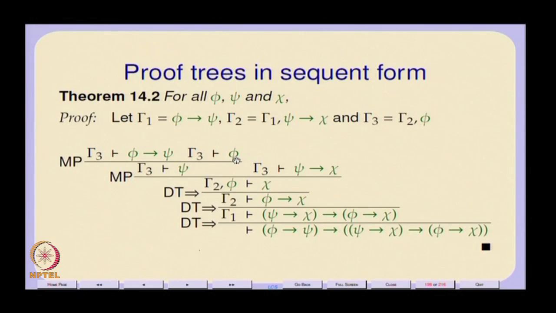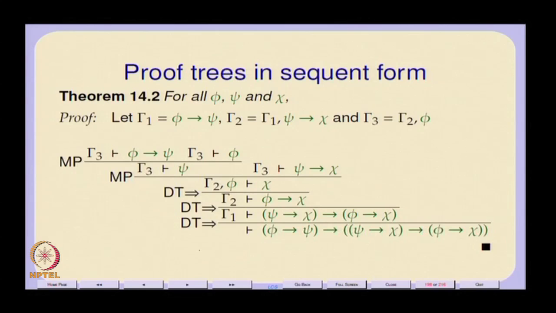The other thing of course is that phi is provable from gamma 3, and by modus ponens psi is provable. From these two, and of course one of our assumptions was psi arrow chi, and since psi is provable, from gamma 3 I can prove chi.